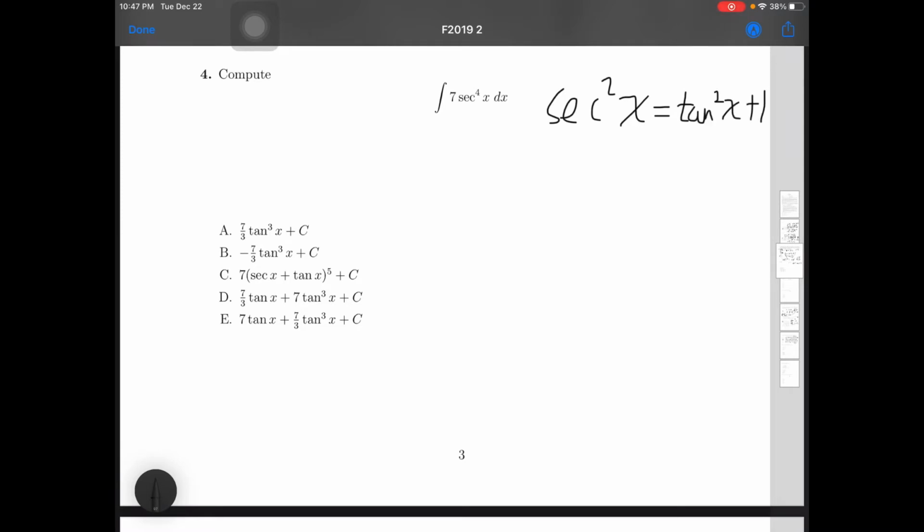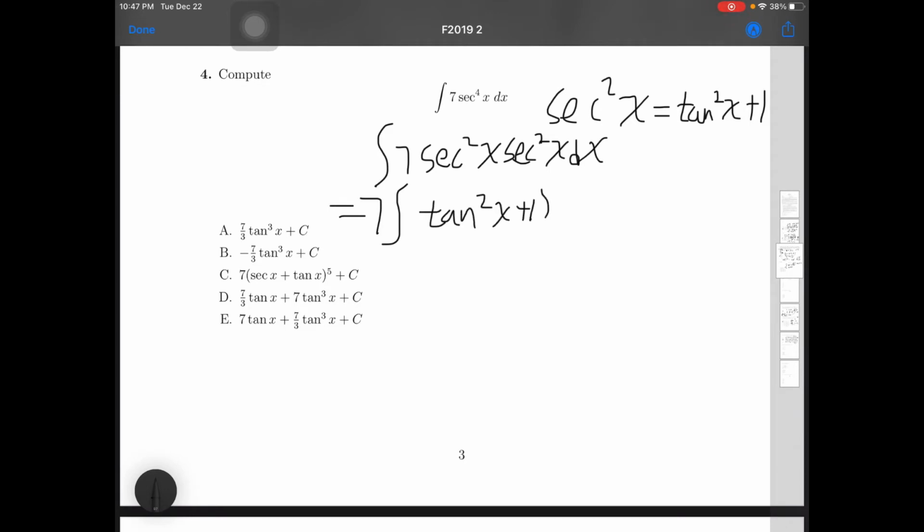So for the secant to the 4th power, we can separate that into secant squared times secant squared dx. And let's take the 7 out. And then for one of the secant squares, I'm going to substitute that with tangent squared x plus 1.